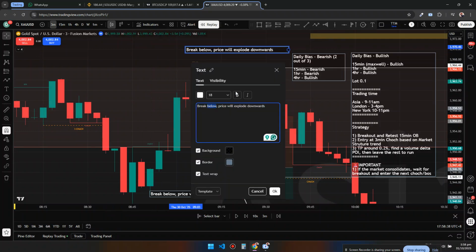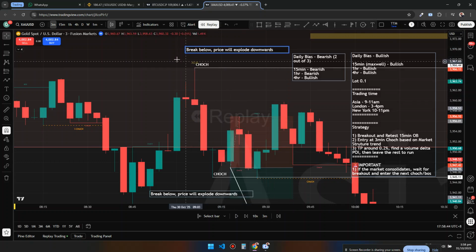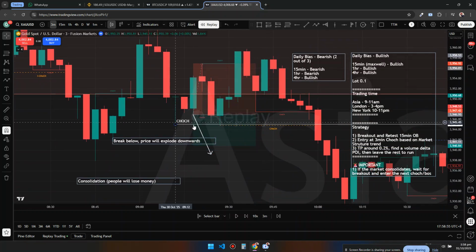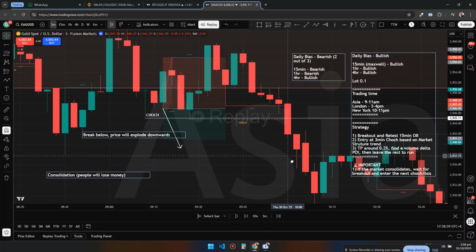So if price breaks above, price will explode upwards. So this is the point where people will be interested to see the price going upwards. This is the point that people are interested to see price going downwards.